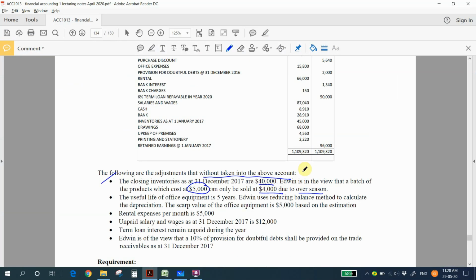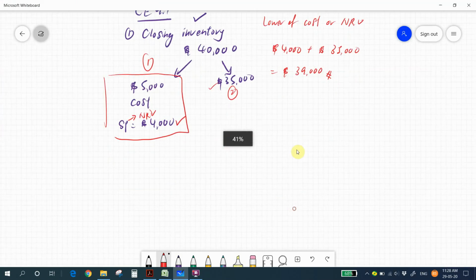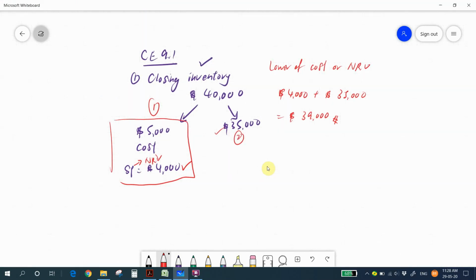Next, the useful life of office equipment is 5 years. Edwin used the reducing balance method to calculate the depreciation. The scrap value of the office equipment is 5,000 based on the estimation. So the second adjustment is depreciation, and depreciation by using the reducing balance method.